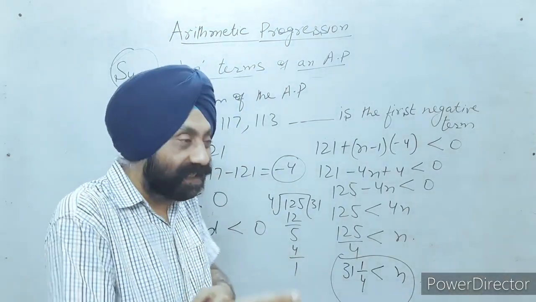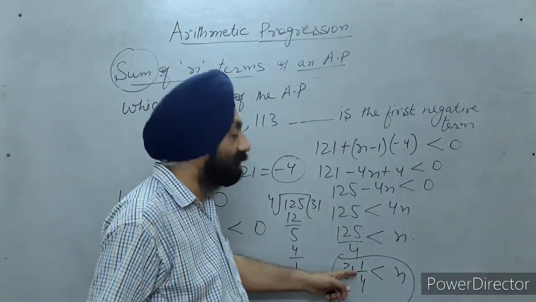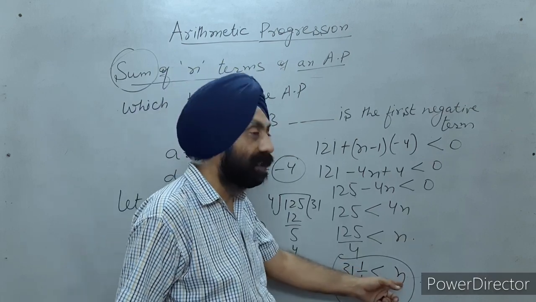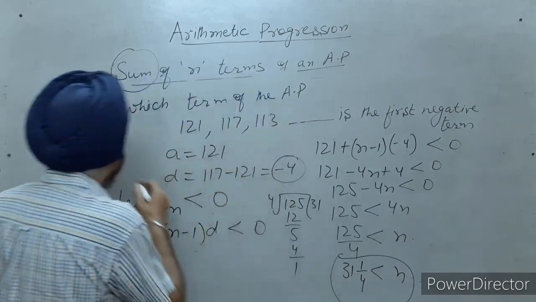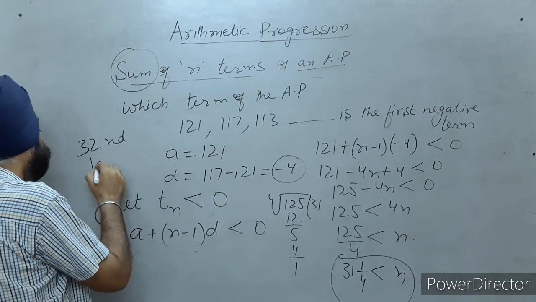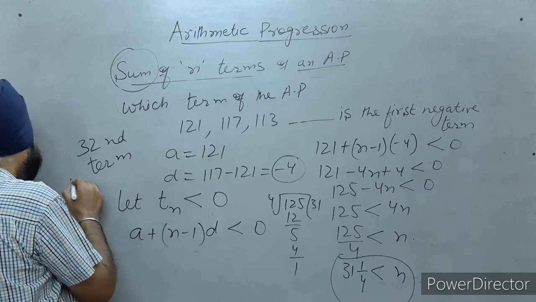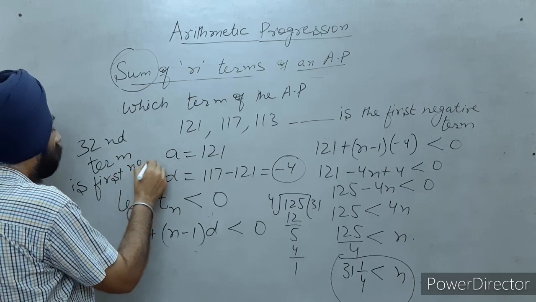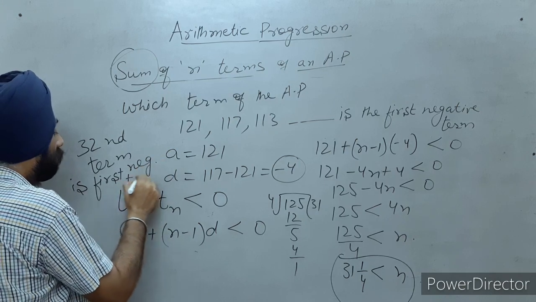So the next term greater than this, since 31 1 by 4 is a mixed fraction, that means the 32nd term is the first negative term.